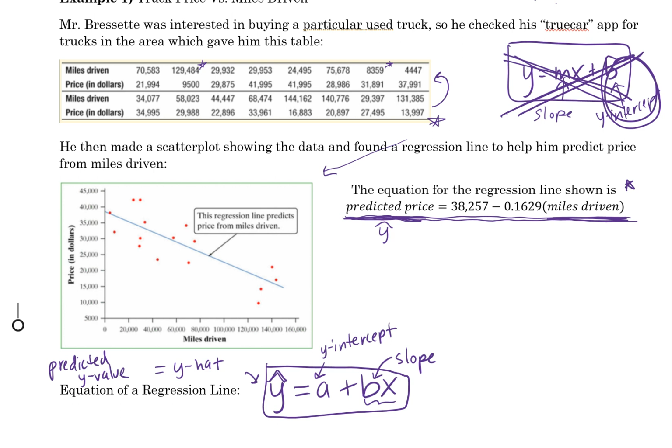And if you look at the actual scatter plot, the x variable is in fact miles driven. So in this particular case, your predicted price is your y hat and miles driven is your x, which means what value of these remaining numbers is your slope?